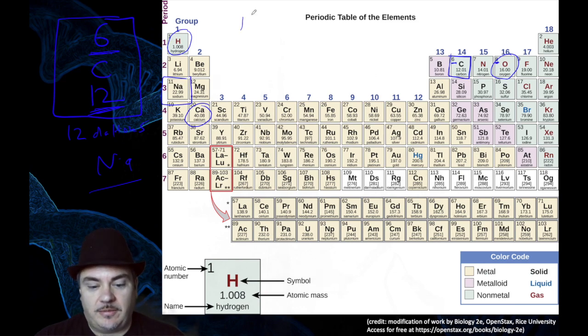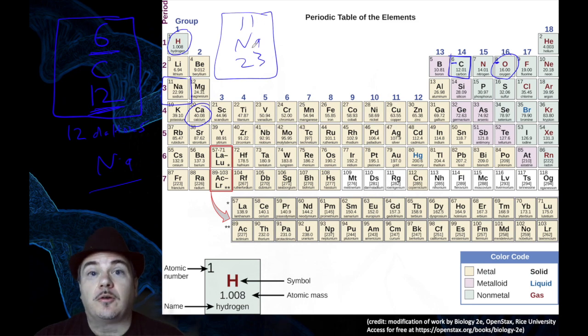Or in the case of sodium, it says 11 Na23. So sodium has 11 protons, 23 minus 11, or 12 neutrons. Okay, so that's protons and neutrons. How about electrons? Well, it turns out for a standard atom, not an ion that we'll learn about in the next video, but for a standard atom, atoms are neutral, which means they need to have the same number of positive protons and negative electrons to cancel each other out.